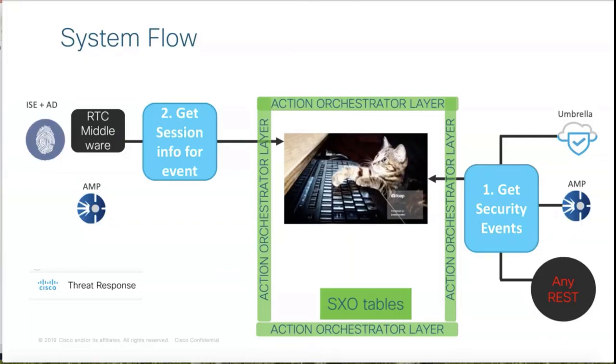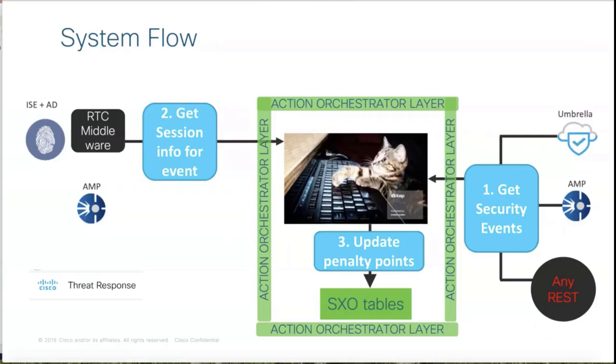After we have session information, including the username, we are using a database where we update the penalty points. Here we are using the built-in SXO tables from the SecureX Orchestrator. It may not be the ideal database for scaling this up or for high performance, but it's simple to use, and we don't have to pay for anything like AWS database services.